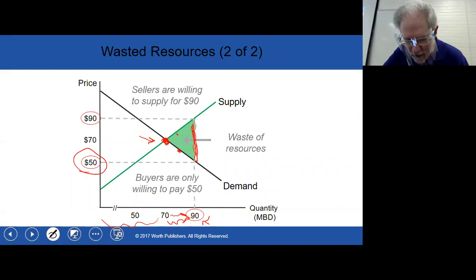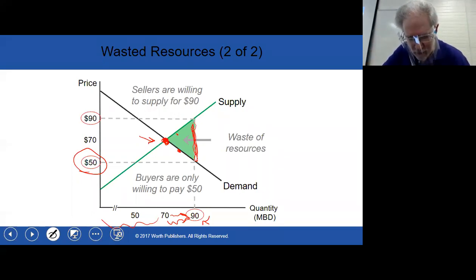So this green area represents a waste of resources. We're producing units that are valuable to consumers. The value would be represented by the area under the demand curve. The problem is that the cost of producing those units is greater than the benefits of using those units.